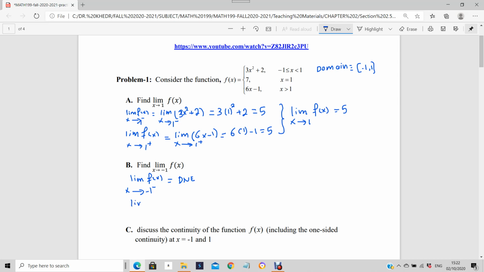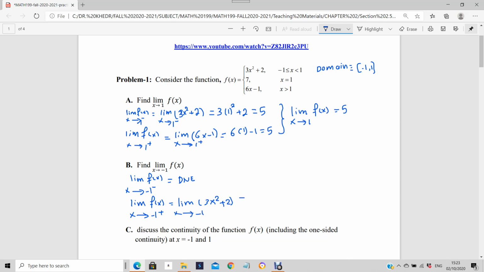The right side limit will be lim f of x as x goes to minus 1 from right side. So we are talking about values of x greater than minus 1. So we have to use this relation because this is valid for x greater than minus 1. So we substitute in this relation: lim 3x squared plus 2 as x goes to minus 1.